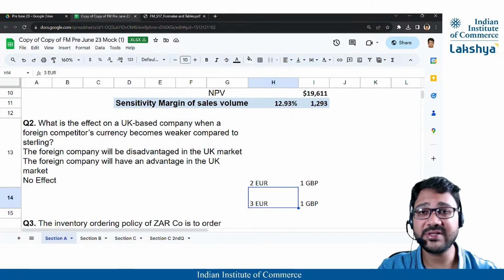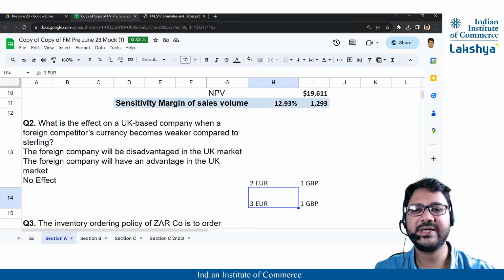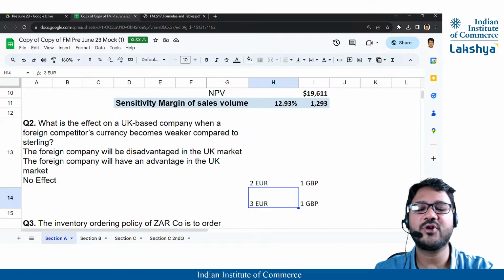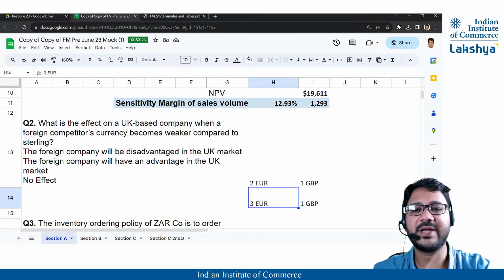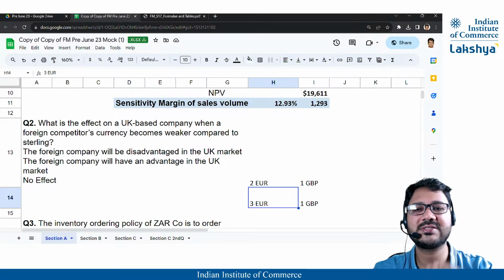Okay, so previously, for example, if a product was costing 2 euros, when it gets imported into our market, the UK market, it is sold for a pound. All right, now due to depreciation in euros, that 2 euro product is going to be sold at a lower price in the UK. It will be less than a pound.